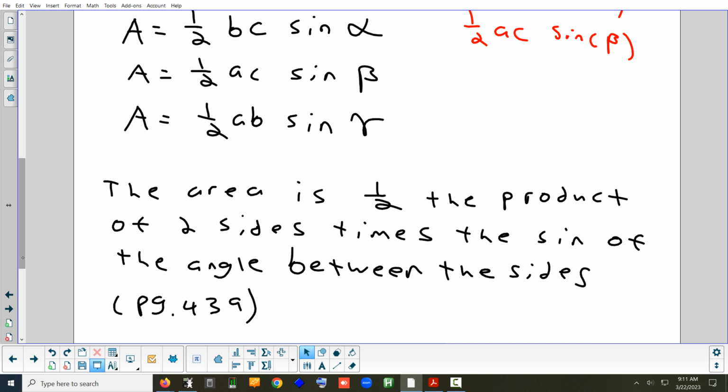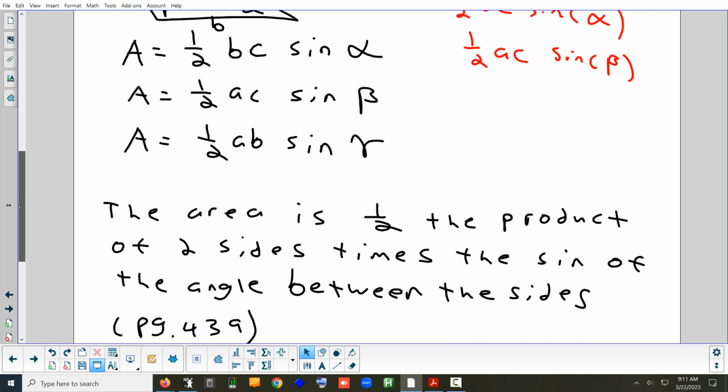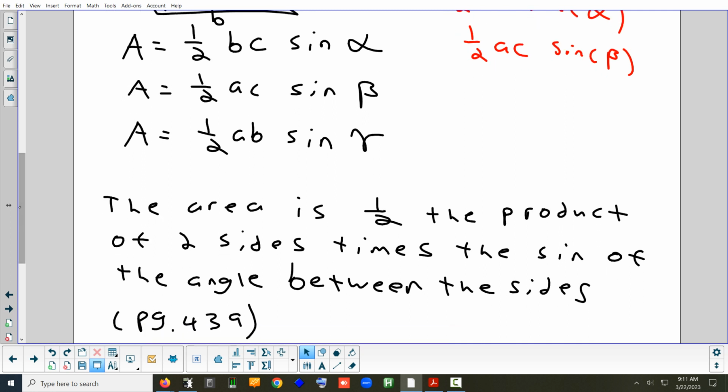The sides, should they be in parentheses? No. Why would you think? Because, order of operations wise, would it be like 1/2 times B times C right there? So you basically have this times this times this times that.